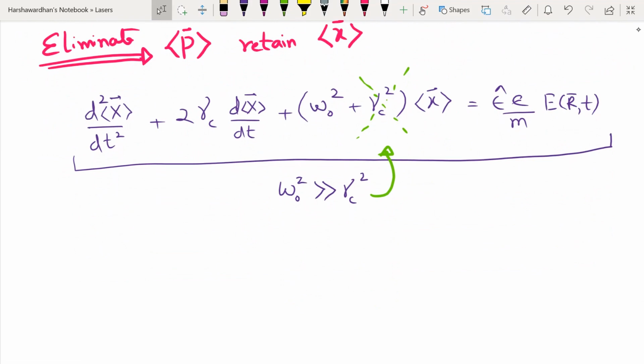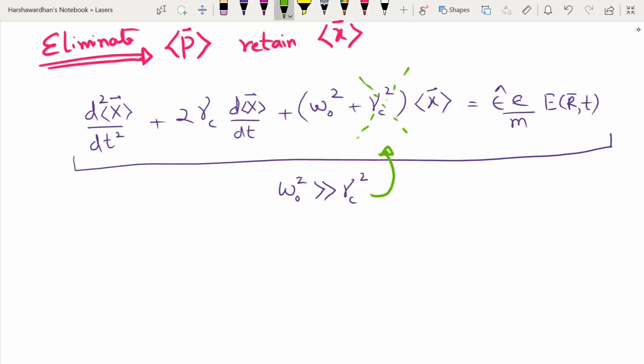So now you can recognize that this equation is precisely the equation that we got earlier from the Lorentz model, where the role of 2 gamma c is played by essentially beta, right, in our earlier discussion. So clearly this gives me the line shape which is Lorentzian.